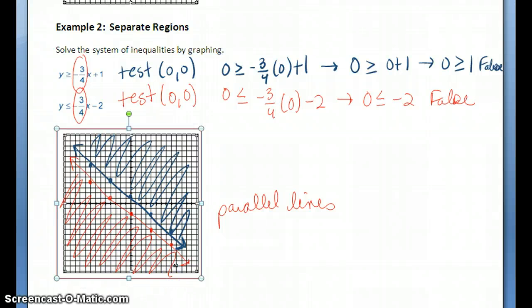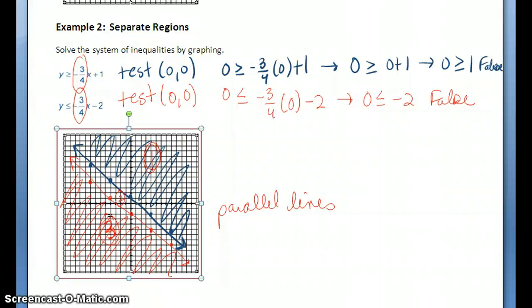Okay, so this one's interesting because what I have really are 3 regions. I have region 1 up here. I have region 2 in between those, and then I have region 3 down here. And actually my blue and red are not going to come together at all, and so my solutions are not going to happen in any one region.